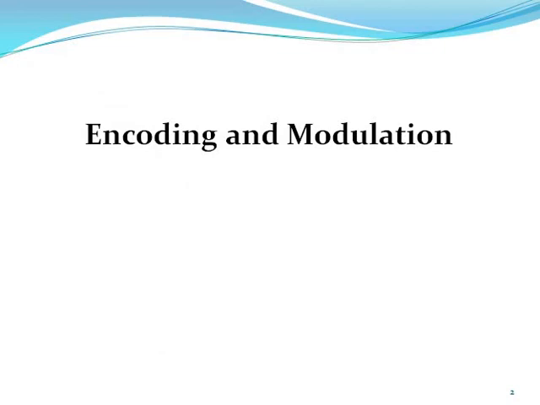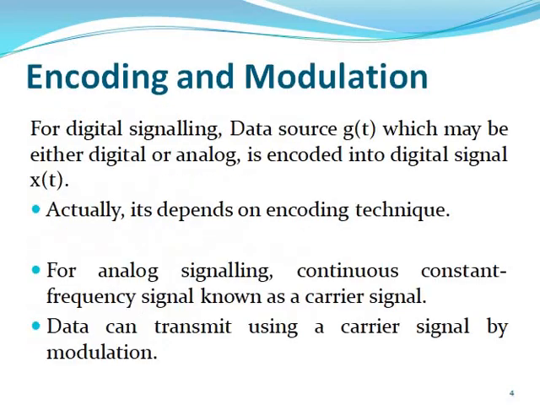Now we will look at what encoding and modulation are. The data source, which may be either digital or analog, is encoded into a digital signal x of t. In the real world, data goes in either digital mode or analog mode, so you can see what the digital signal and the analog signal are.